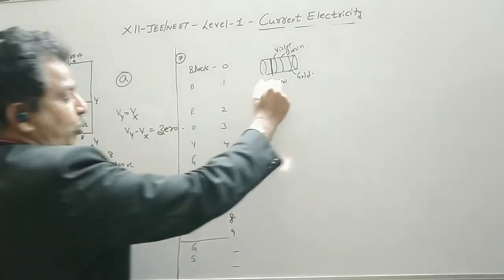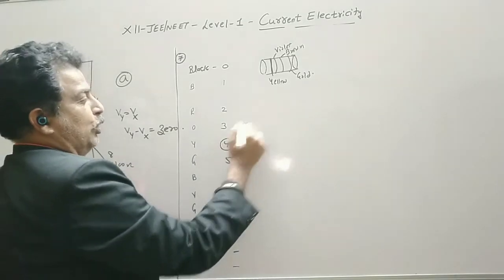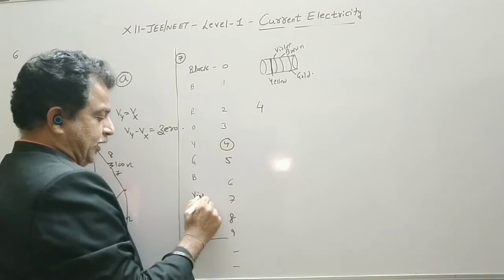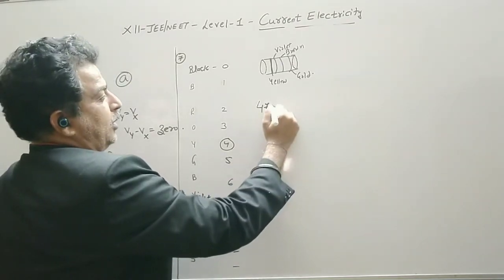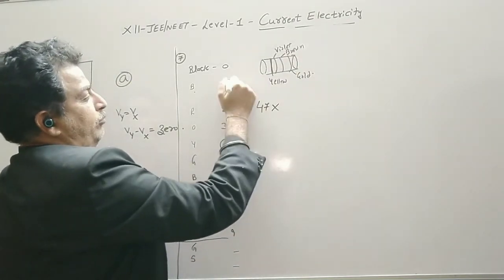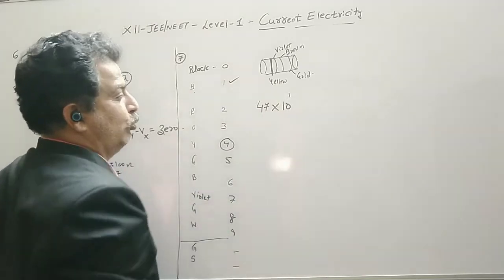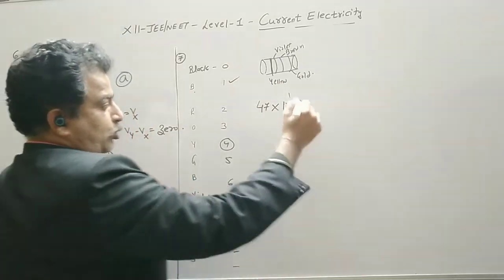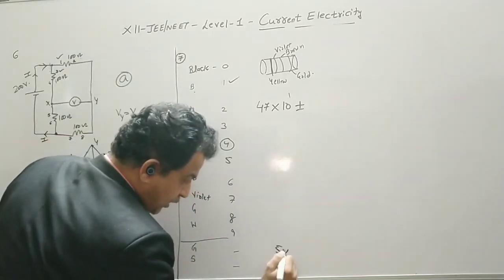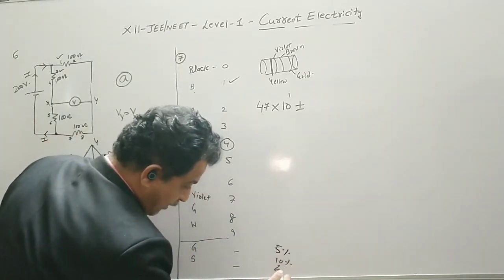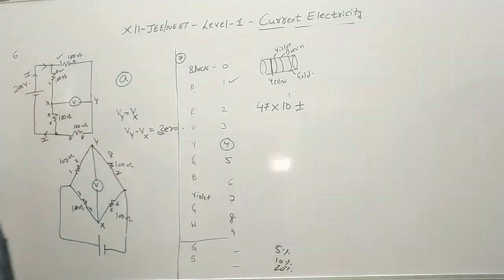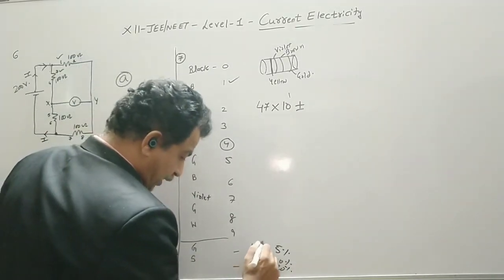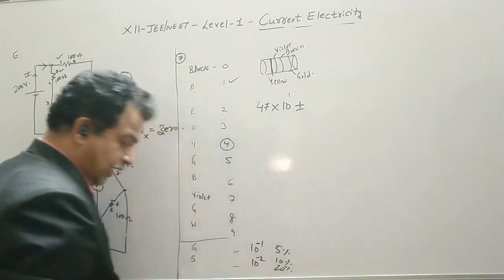Here we have yellow. So yellow code was 4. Violet is 7. The third color gives you the multiplier, brown, which is 1. So it becomes 47 times 10 to the power 1, plus minus tolerance. Now if you remember, the tolerance for gold was 5%. For silver it was 10%. If no color is mentioned, then it is 20%. Gold and silver can also be multipliers, that is 10⁻¹, 10⁻².